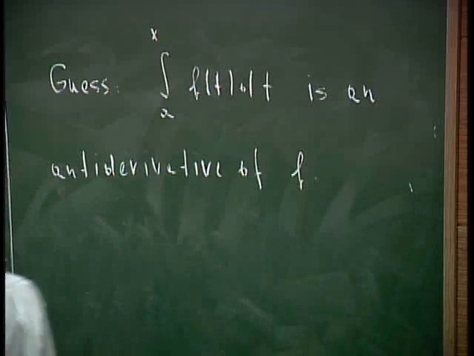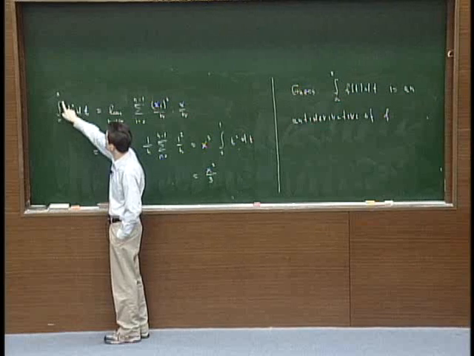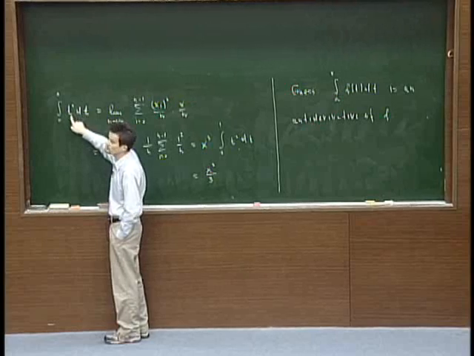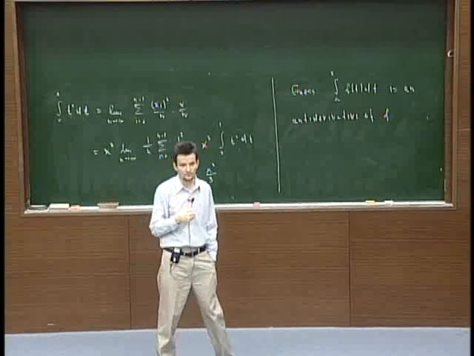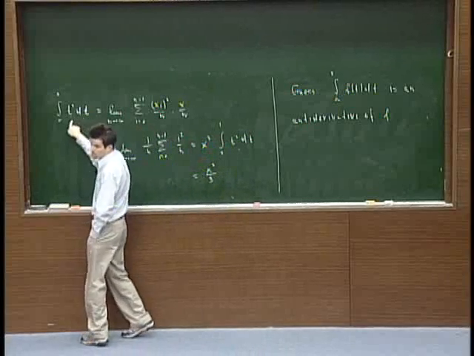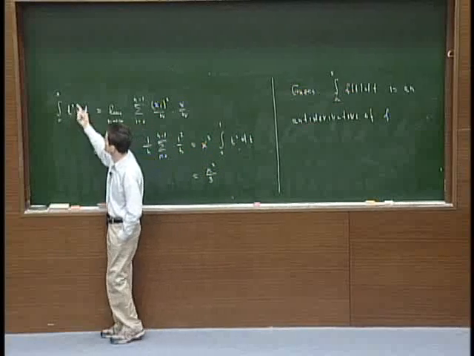Because if you think about it, this function is the velocity. If you compute this integral over the velocity dt, assume that the velocity is larger or equal than 0, then you have an object which is just moving forward. And if you do this, what you get is the distance traveled, the distance at x.